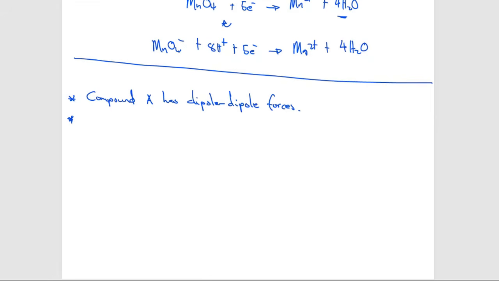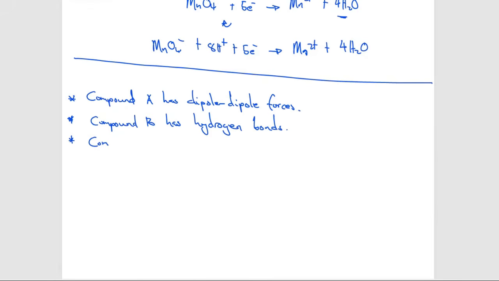The next bullet is based on the other compounds. Compound B, which is our alcohol, has hydrogen bonds. You can see I'm trying to identify the type of intermolecular forces, which causes the differences.